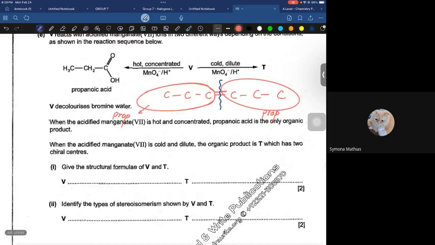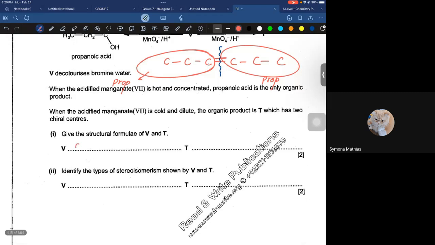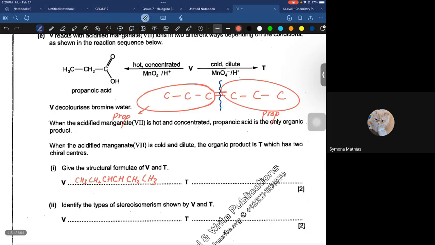So V is CH3CH2CH=CHCH2CH3. And for T, if you react it with cold MnO4, I told you a diol would be formed.